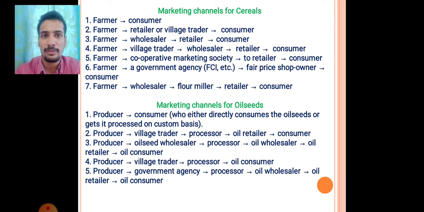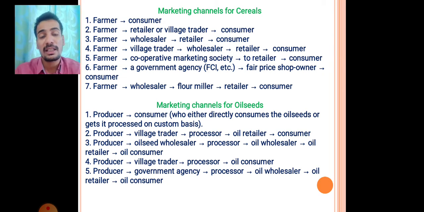And the last one, farmer to wholesaler, then flour miller, since cereals are used for flour. Then from the flour miller to the retailer, and the retailer to the ultimate consumer. These are the 7 marketing channels for cereals which are commonly observed. They may differ from region to region and area to area, and may depend on demand also.